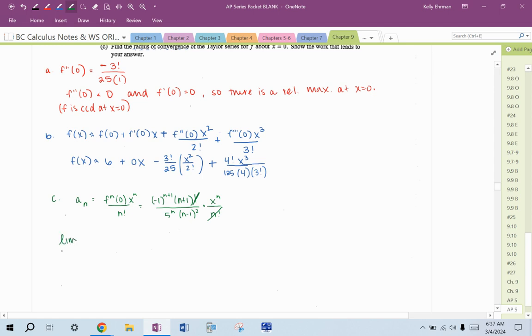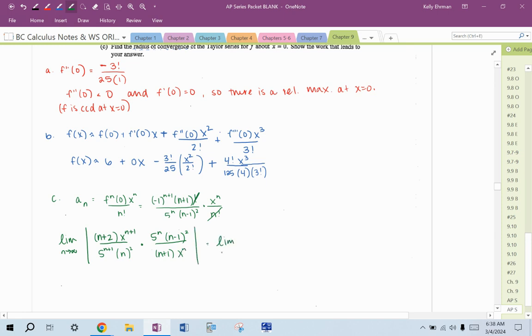So if I want to find the radius of convergence, I'm going to perform the ratio test. So the limit as n approaches infinity of the absolute value, so I don't care about the alternating piece, n plus 2, because we're doing the n plus 1th term, so n plus 2 times x to the n plus 1 over 5 to the n plus 1 times n plus 1 minus 1, so n squared, times the reciprocal of the nth term, 5 to the n times n minus 1 squared over n plus 1 times x to the n.